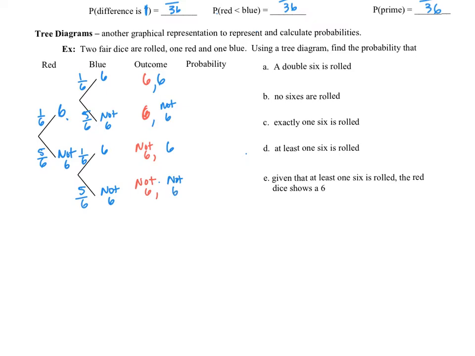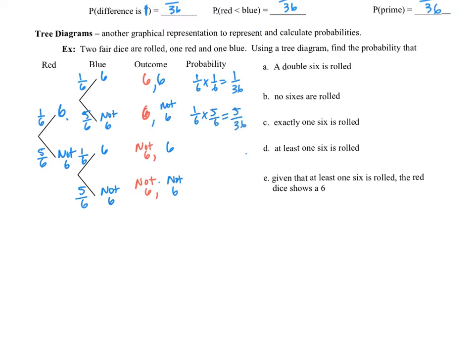Okay, so now to calculate those probabilities, we'll just multiply. The probability of getting a 6 and then another 6 is 1/6 times 1/6, which is 1 out of 36. The probability of getting a red 6 and a blue not 6 would be 1/6 times 5/6, which is 5 out of 36.